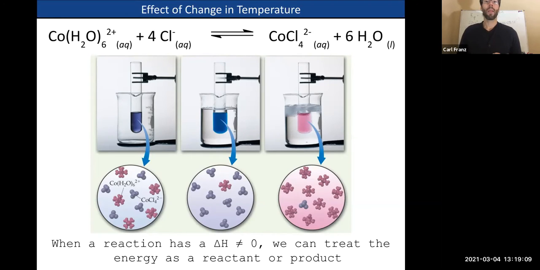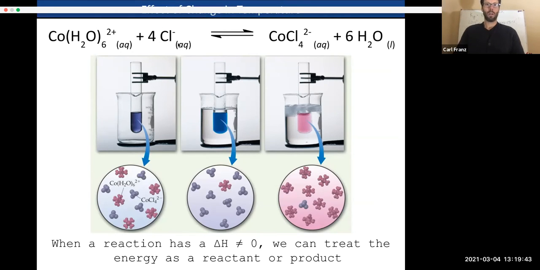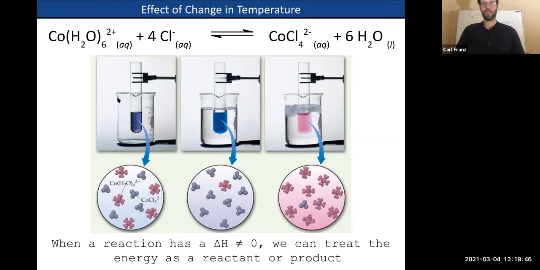If we have a reaction and we have equal amounts of aqueous cobalt and chlorine, and we change the temperature, then we can shift it one way or another. By changing the temperature, if it was the equilibrium in this first panel here, right?